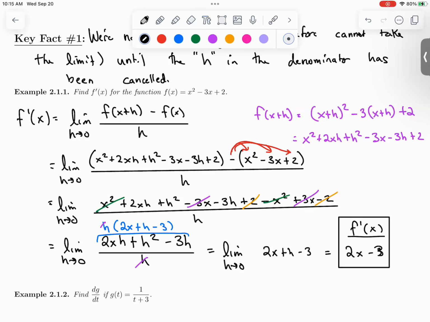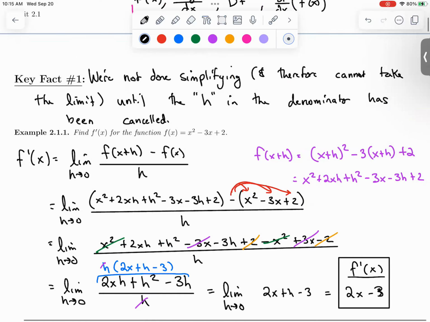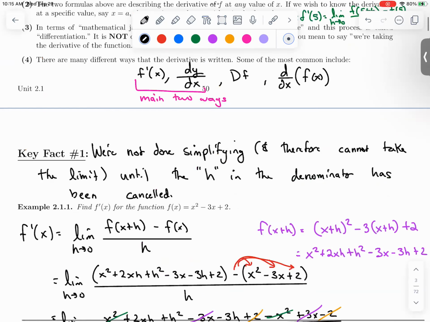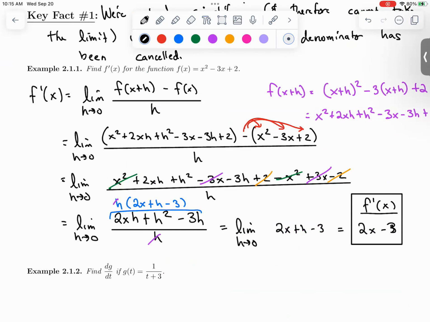I'm not saying that there would be one on the exam. So find the derivative using the definition of the derivative. People watching the recording, I'm winking right now. So maybe make a note in your notes that there might be something like this on the exam. Just saying.